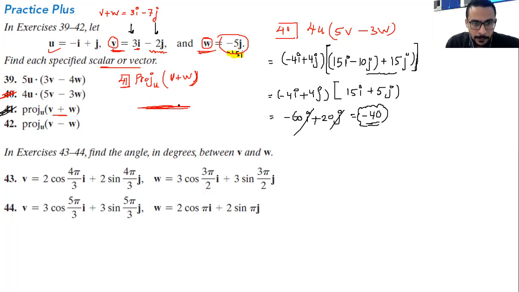What's the rule now? We call v plus w vector k, okay? And then find k dot u over magnitude. 3i minus 7j times minus i plus j.